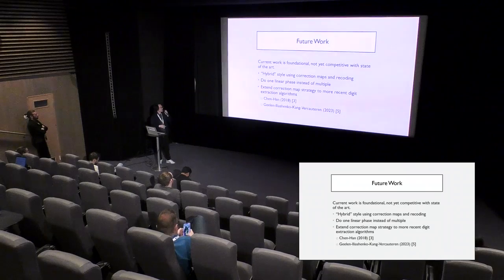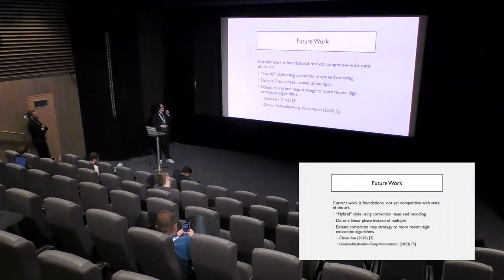So to reiterate again, this current work is foundational. It's not yet competitive with the state of the art. And so for future work, we could try some things. We can try a sort of hybrid style that uses both the correction map technique and also maybe just doing a bit more recoding. Then we can also look at trying to just do one linear phase instead of multiple, which we had to do in our work.